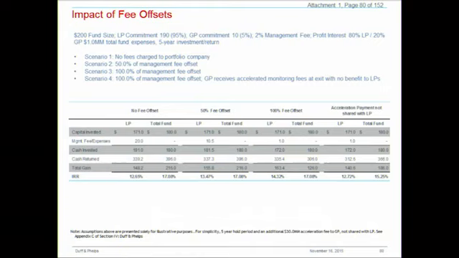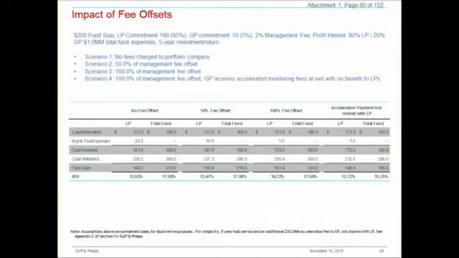So these are fees coming from the portfolio company to the general partner, and we're making the assumption that those offset the limited partner's management fee by 50%. As you can see, because of that money coming from that portfolio company, the actual cash received by the limited partner is greater, the IRR is greater. So it's a benefit to the LP.